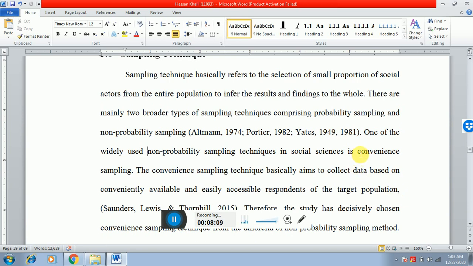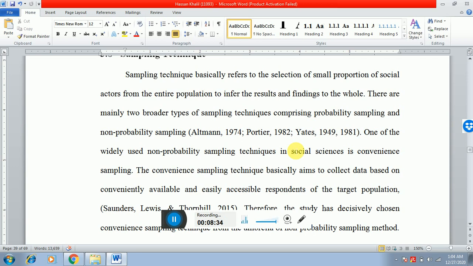Convenience sampling is a type of non-probability sampling, and it is used if you are going to gather data from each and every individual. Let's suppose you're going to gather the data from mobile phone users. You can say that everyone owns a mobile phone. So your sampling technique is non-probability convenience sampling, because you can get a response from everyone.